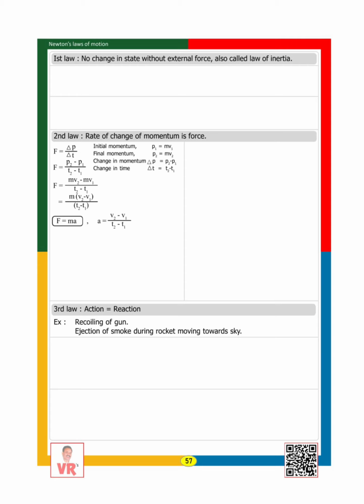Inertia of rest is, good, opposes change in rest. Momentum P equal to, beautiful, mass into velocity, mv.